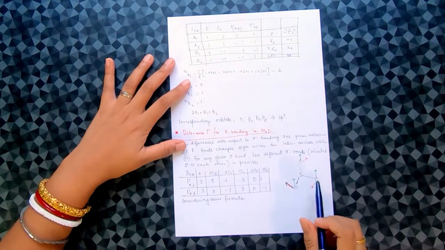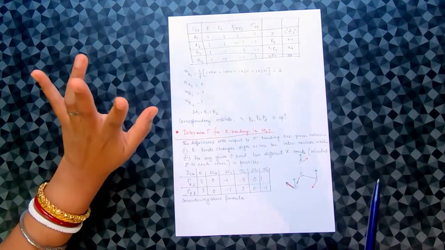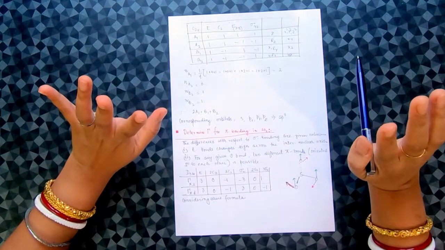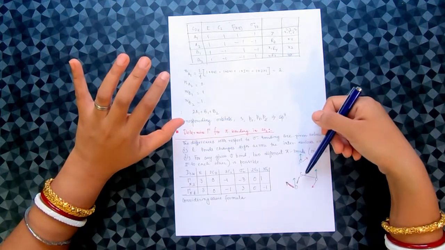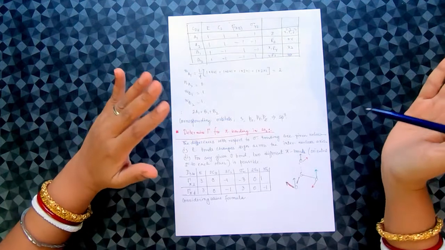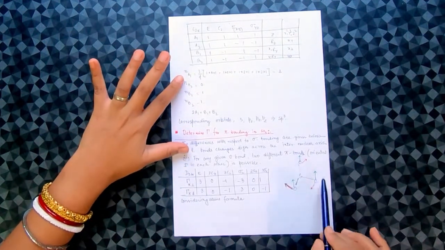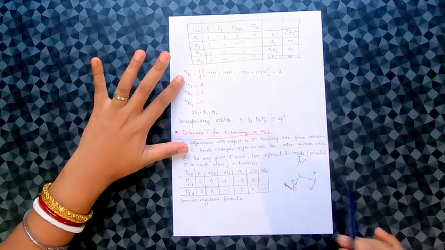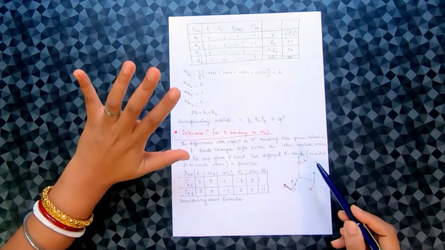Two kinds of pi bonds are possible. One is perpendicular to the sigma bond, another is parallel to the sigma bond. Perpendicular to the sigma bond I have shown with the green line, and parallel to the sigma bond with the red line.